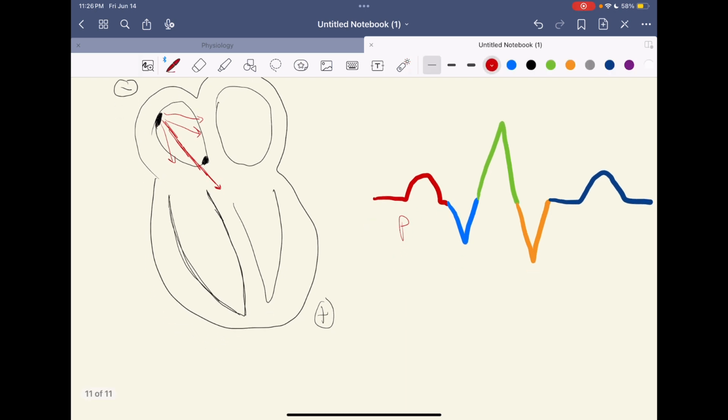This next wave in blue is the Q wave. The Q wave comes after this electrical impulse has hit the AV node. It sends a signal to begin the ventricle contraction. The whole QRS complex is the ventricle contraction.